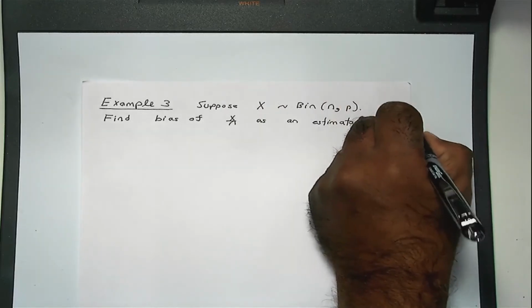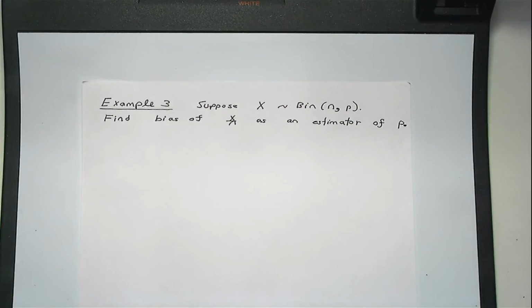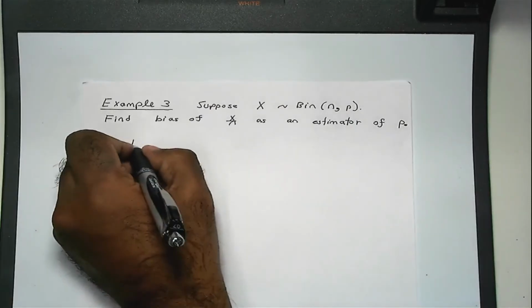Find the bias of x divided by n as an estimator of p, right? So it shouldn't be too difficult.